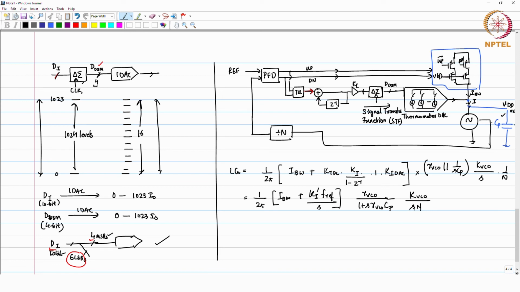Okay. So, now you see we started with the digital PLL, which was only second order. Because of this capacitor and the kind of control which we have, it becomes a third order system, 3 poles, and the pole is mostly dominated by the Cp.